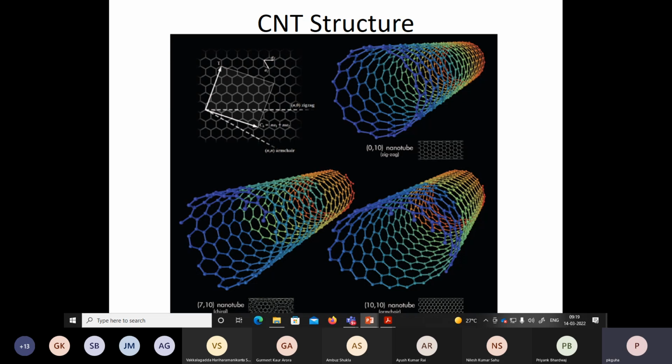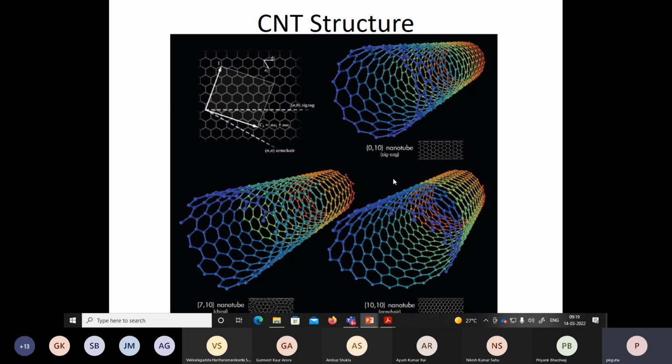There are different ways to represent it, and I don't want to go in that direction again. There are two indices known as N and M. These N and M indices represent what kind of carbon nanotube it is.